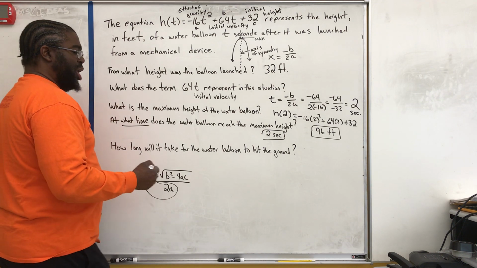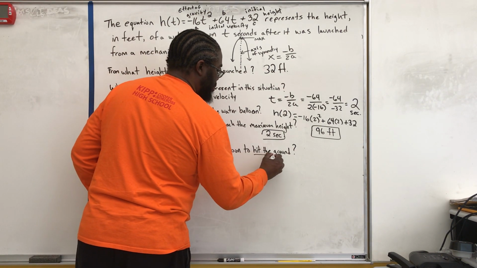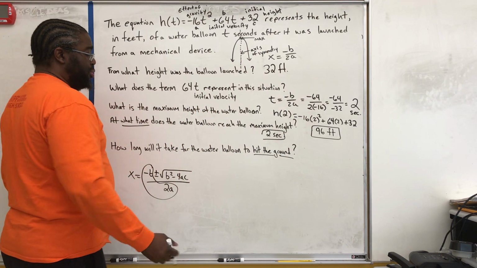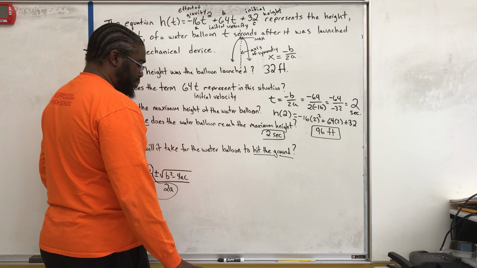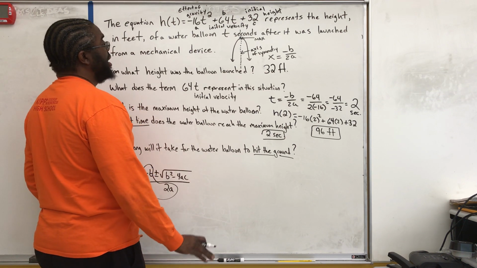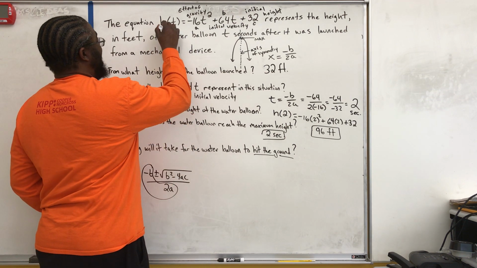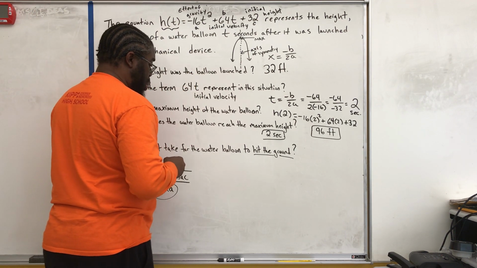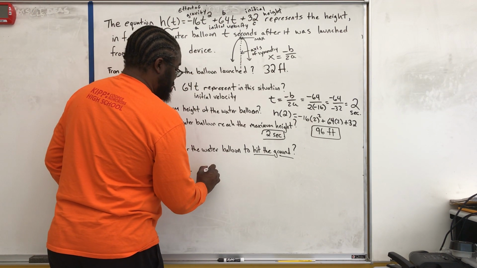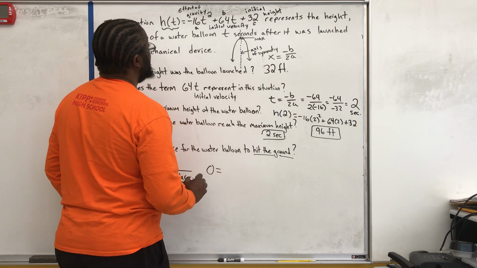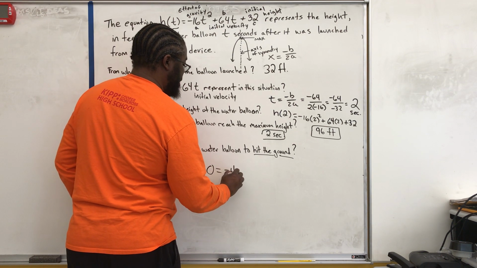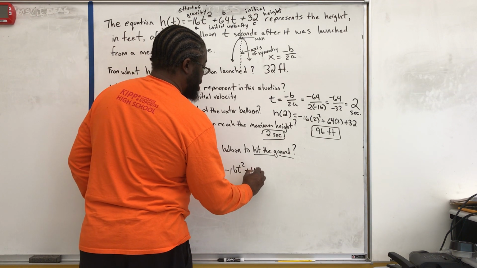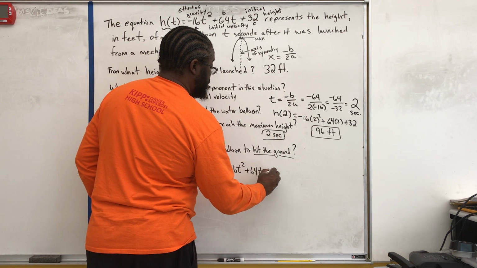Whenever I say something is going to hit the ground, that's me telling you what the height is going to be. The ground is where the height would be 0, right? So I'm basically telling you that my height is 0. What that means is my equation now says 0 equals negative 16t squared plus 64t plus 32.